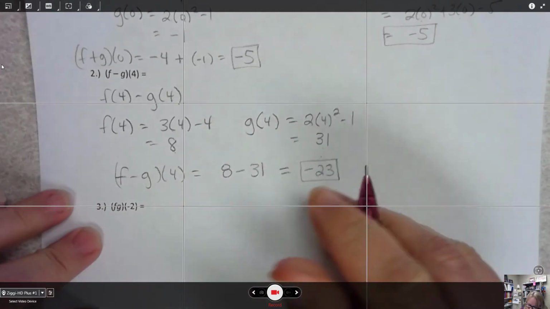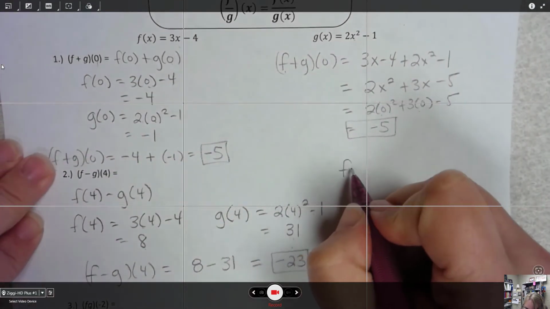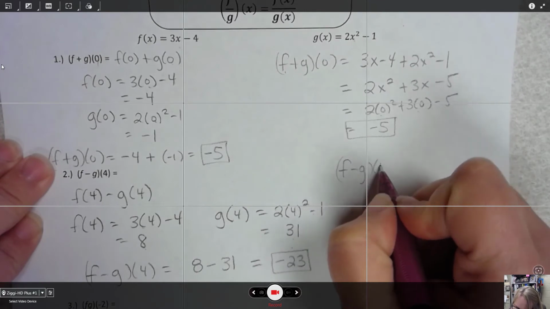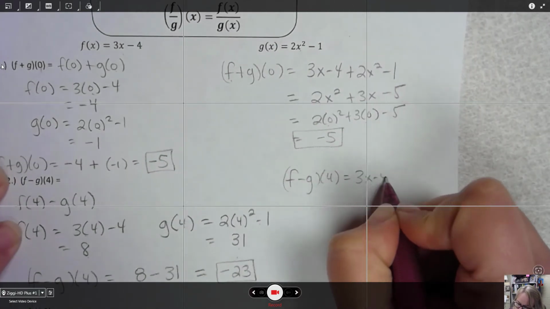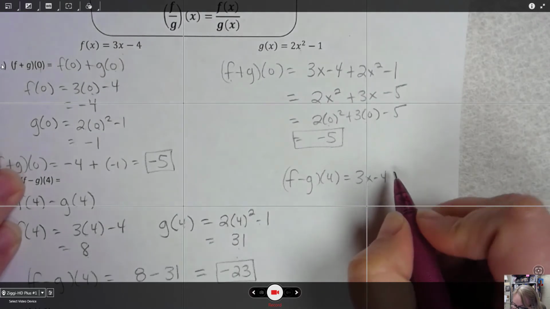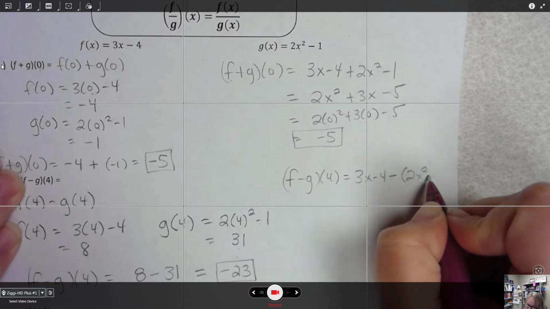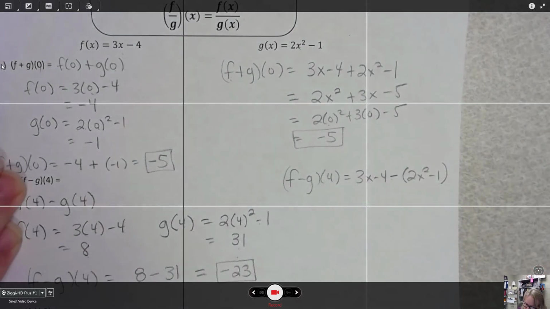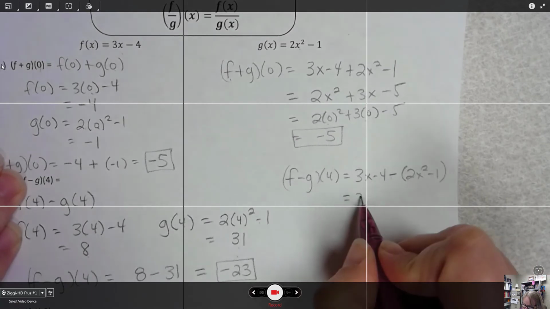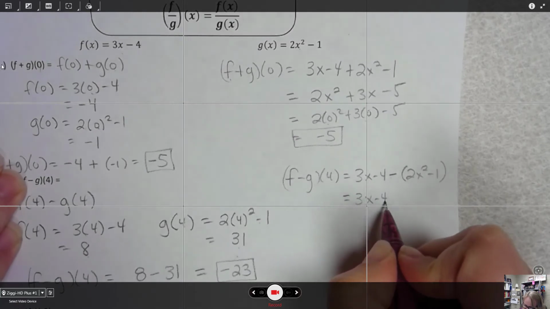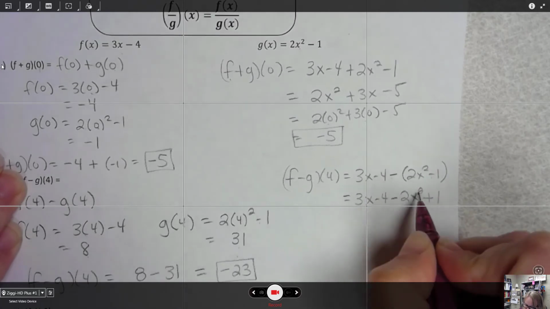If you were going to do it the other way, you have to be careful when you say f minus g. When you do f, 3x minus 4, you're subtracting the entire g. So make sure you put a minus and put 2x squared minus 1 in parentheses, because you're subtracting the entire g. So 3x minus 4 minus 2x squared plus 1.